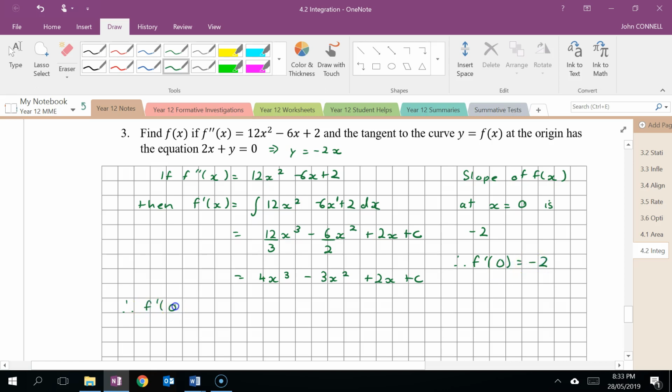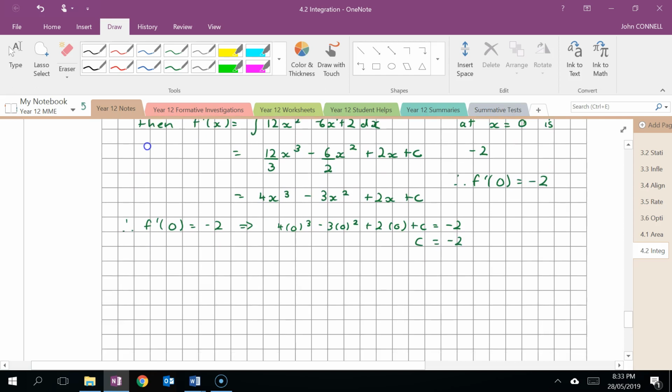So I can say that f dash of 0 equals minus 2, which implies that 4 times 0 cubed, take 3 times 0 squared, plus 2 times 0, plus c must equal minus 2. All of these terms are just going to be 0, so c equals minus 2.